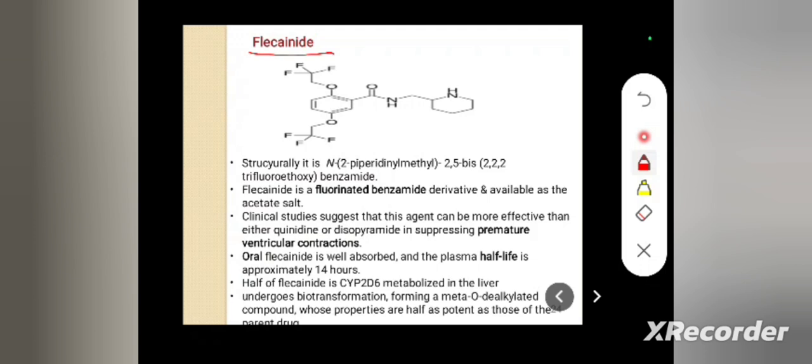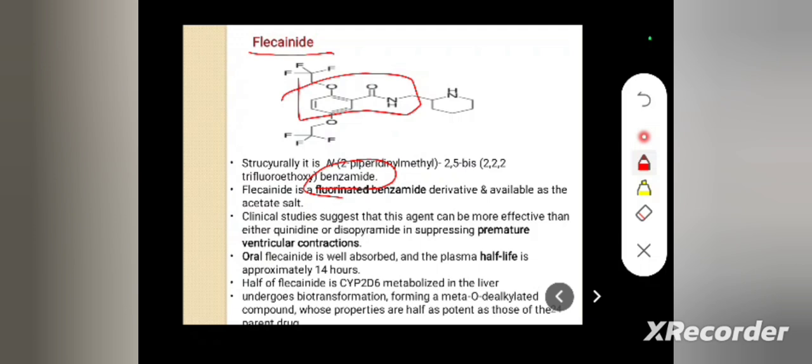Structurally, flecainide has the benzamide core structure. On that benzamide, the aromatic ring is also substituted, and on the nitrogen there is also a substitution.